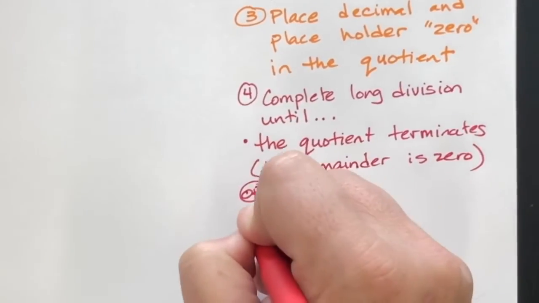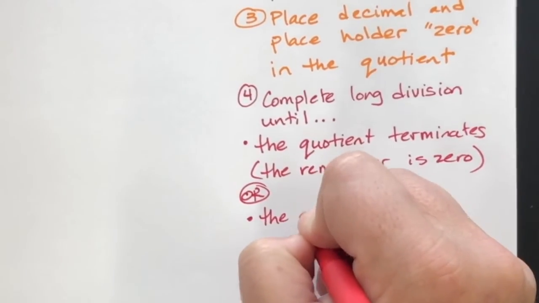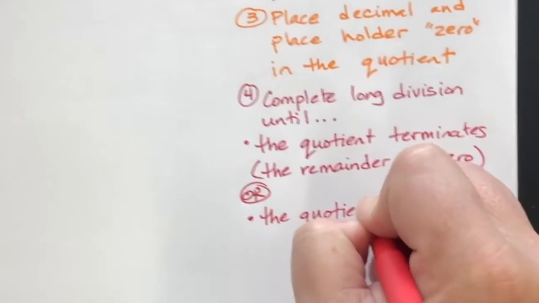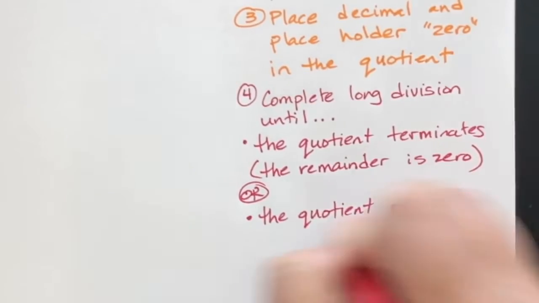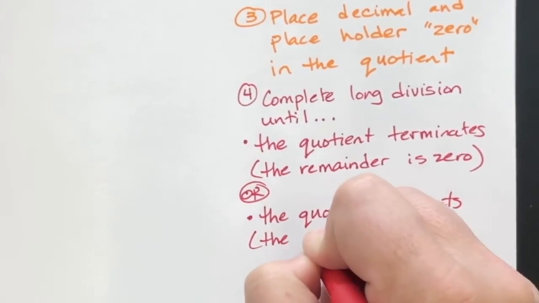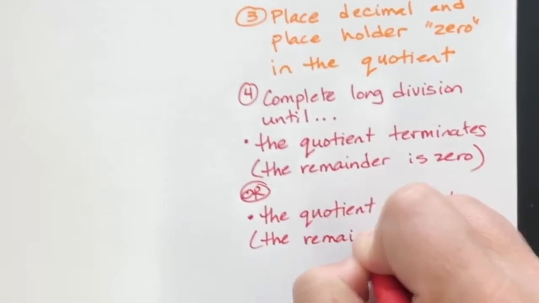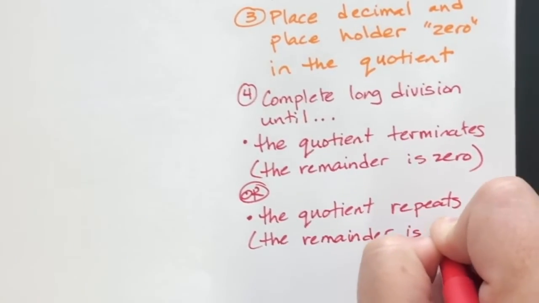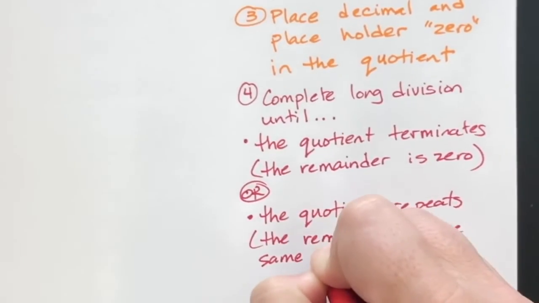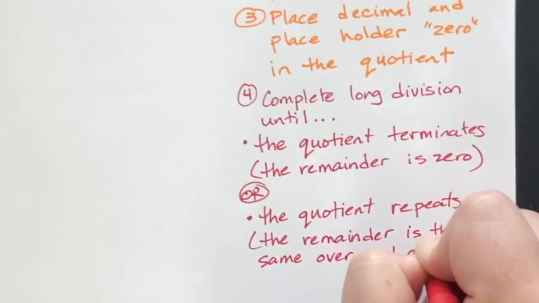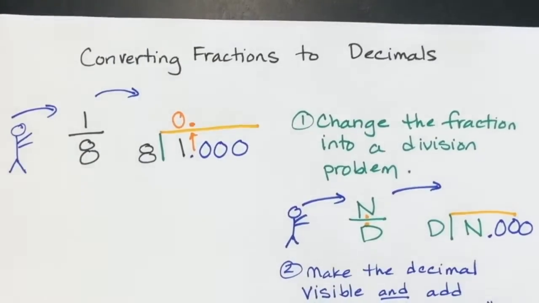So the remainder is 0, you're done. Or the quotient repeats, and you will know that because you will get the same remainder over and over when you are subtracting. This example is going to be a terminating decimal. You will have other examples that are repeating decimals.